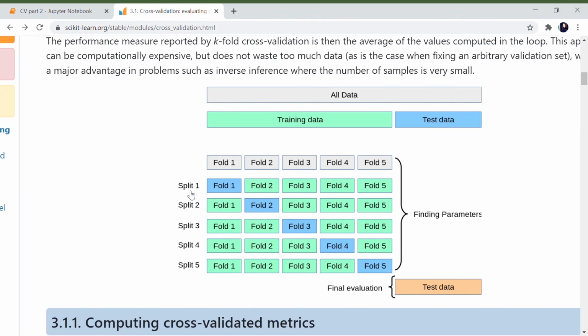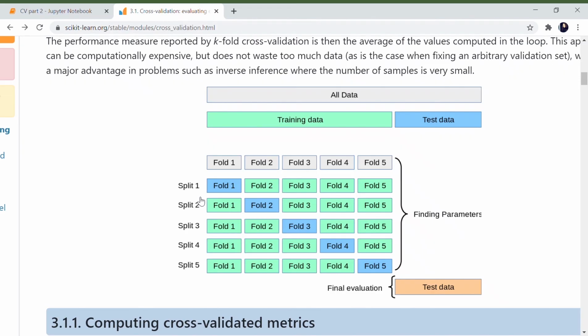But a good thing is that leave-one-out cross-validation has low bias, because in each split, we're fitting the model to almost all of the observations in the data, right? So it's as if we're fitting the model to the whole data.